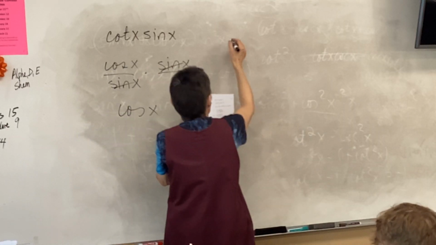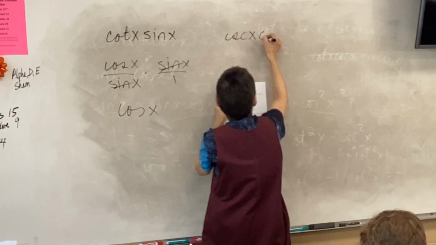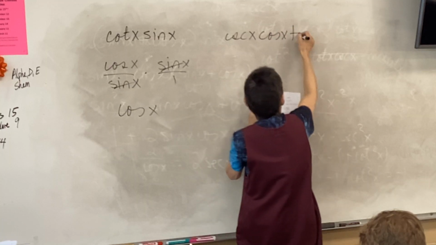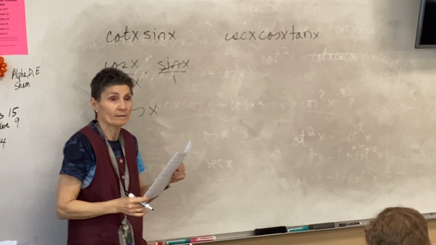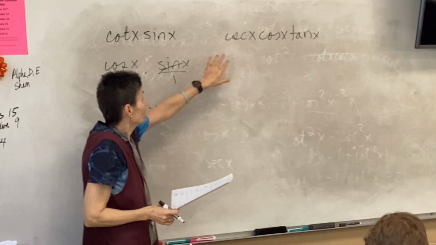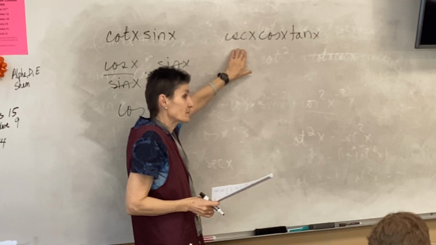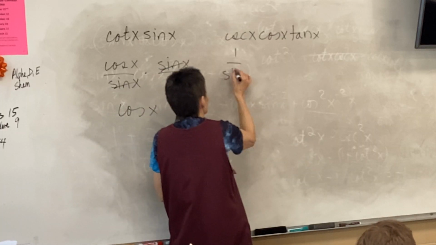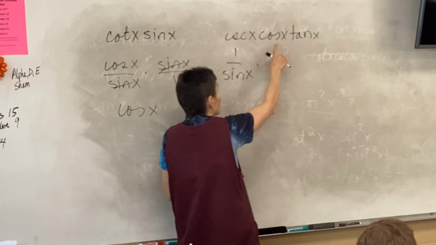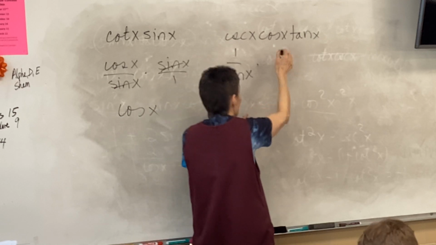It is very similar, only a little bigger. Anybody have an idea how we would start this one? What's cosecant? 1 over sine. Now, cosine, we don't change.